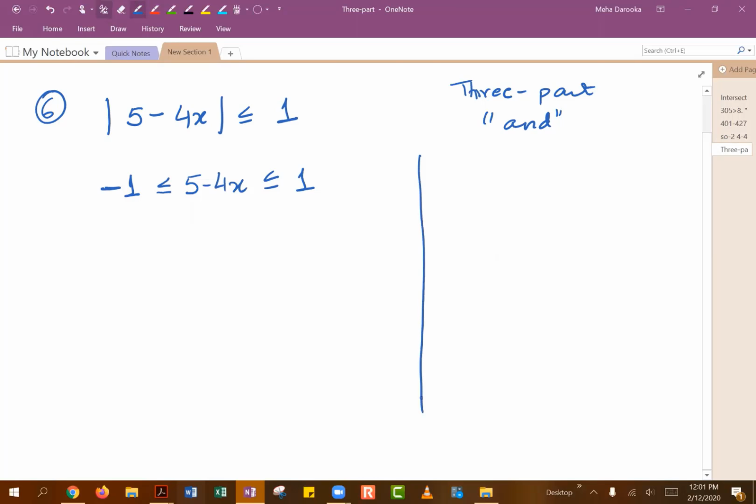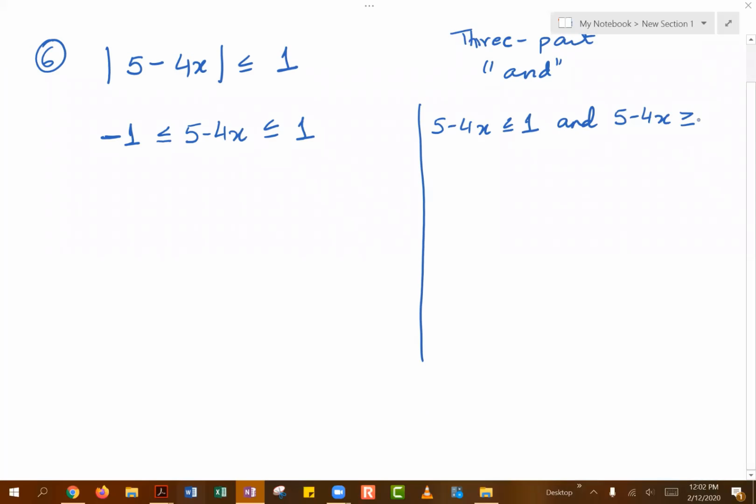As I was saying, your other option would be 5 minus 4x less than or equal to 1 and 5 minus 4x greater than or equal to negative 1. And we still have that same thing, right?